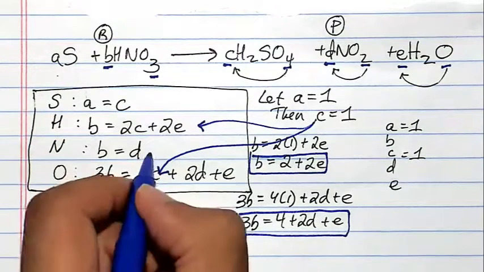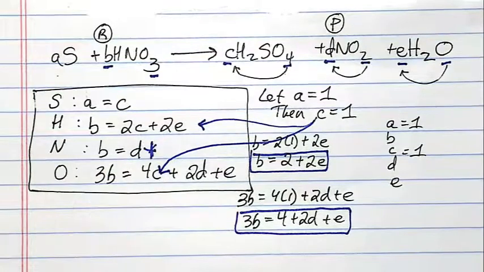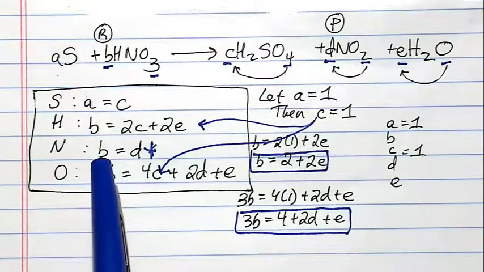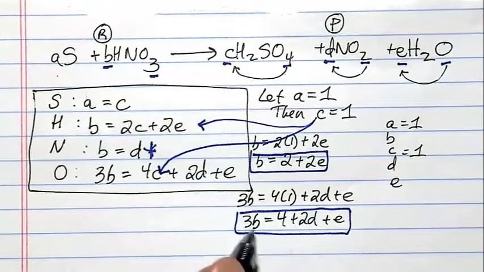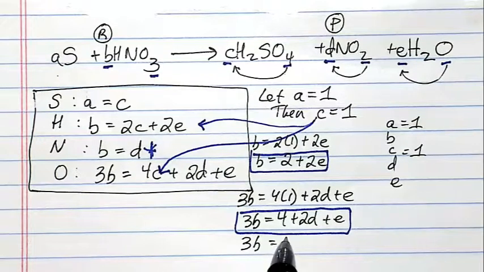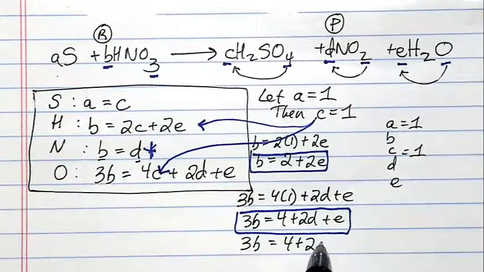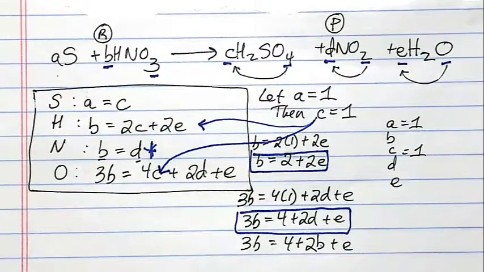I have B is equal to D, so I can plug in B for D into this equation. So I'll have 3B is equal to 4 plus 2B plus E. And now I can move the B to the other side, so 3B minus 2B is B equals 4 plus E. Okay?